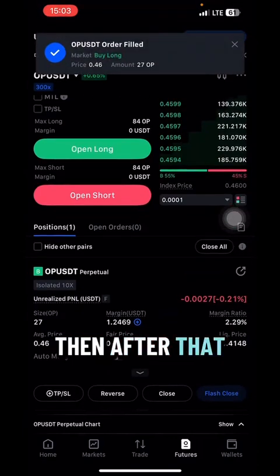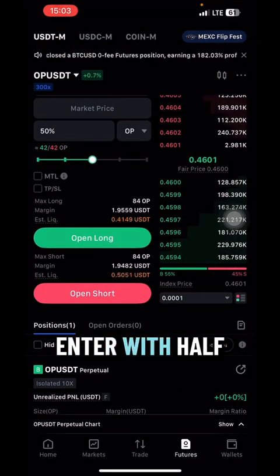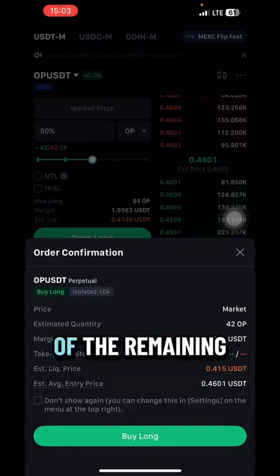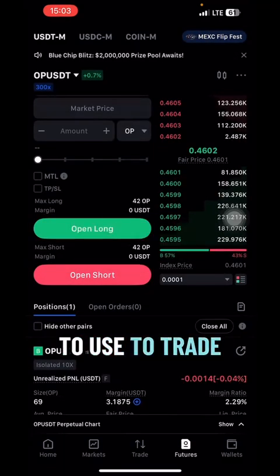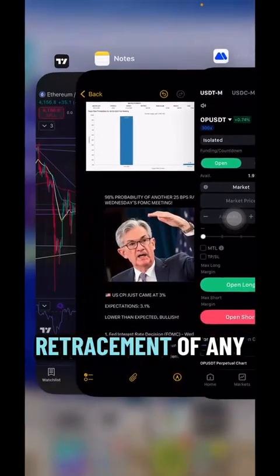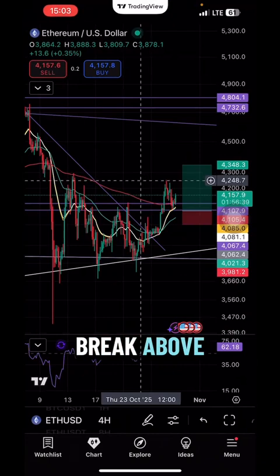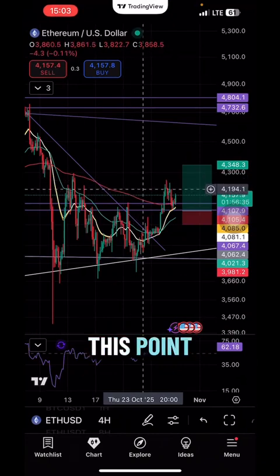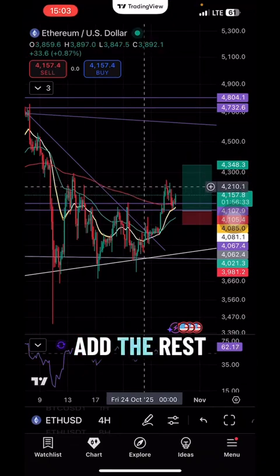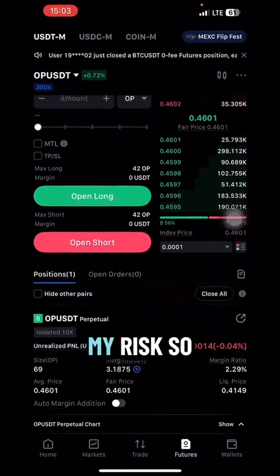After that, I will enter with half of the remaining amount I want to use to trade. Afterwards, I will wait for a retracement of any sort or a break above this point. If we have a break, then I will add the rest, so that I'm not only minimizing my risk, I'm also managing my risk.